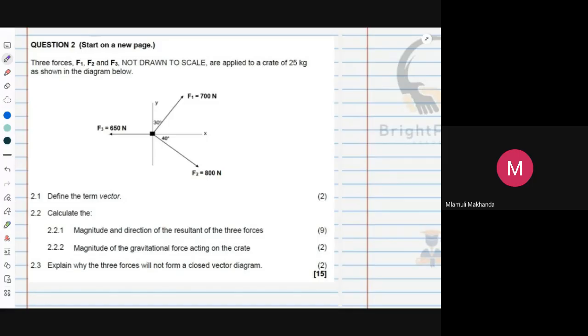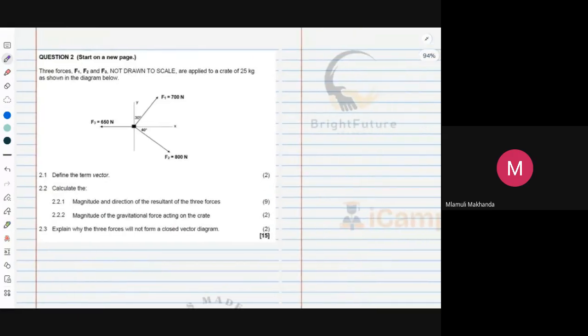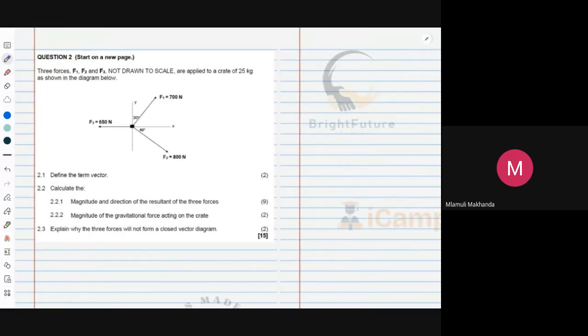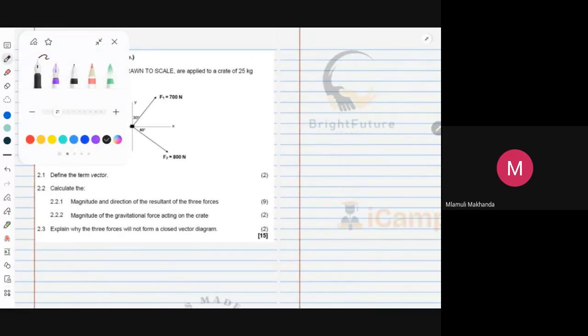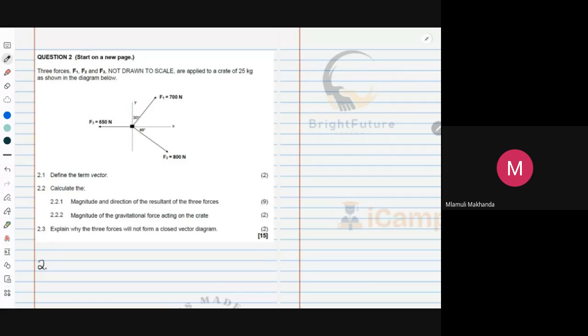Yes, a vector is a physical quantity with both magnitude and direction. That's true. So we can write that there. I don't want to write it though, but let's write it nonetheless. A physical quantity with both magnitude and direction.